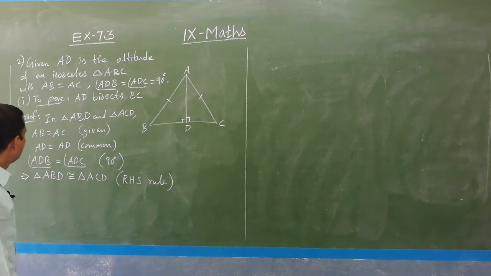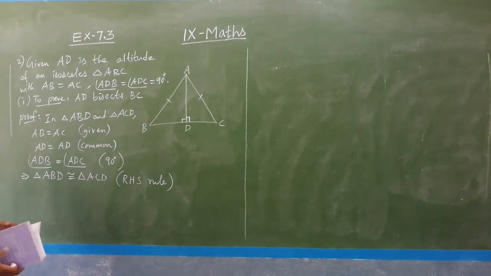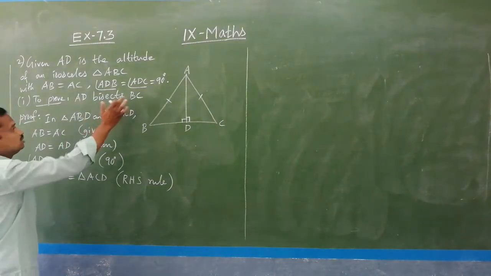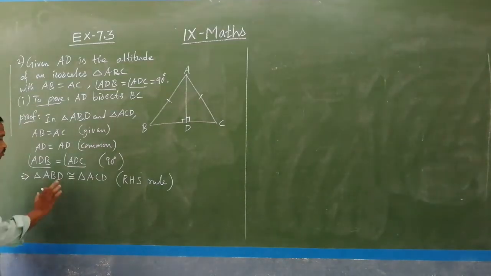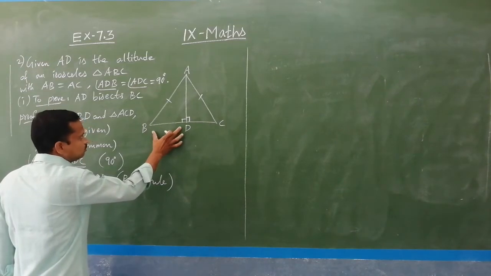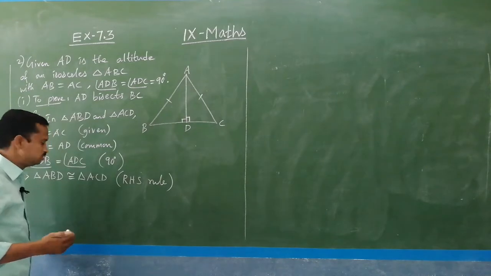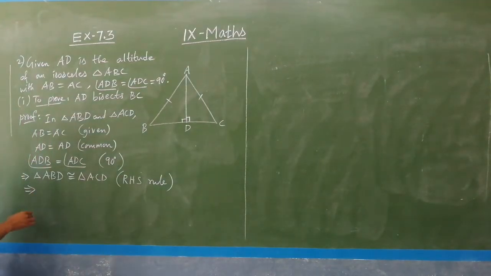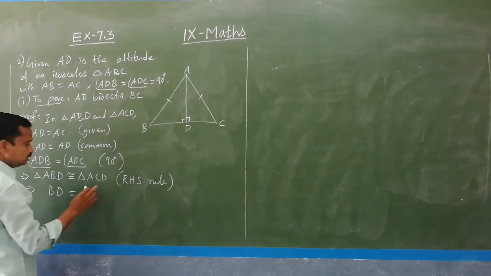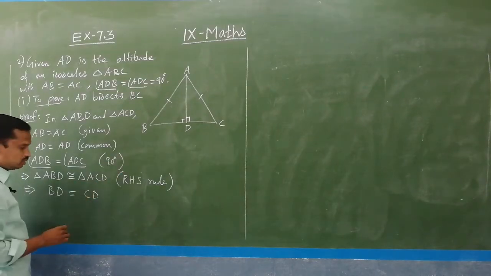Now option 2. Sorry, we have to say AD bisects BC. After proving these two congruent, we can say BD of this triangle and DC of another triangle are equal by CPCT. This implies BD of this triangle is equal to CD of the next triangle ACD.